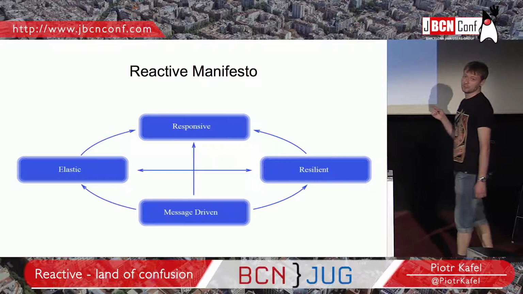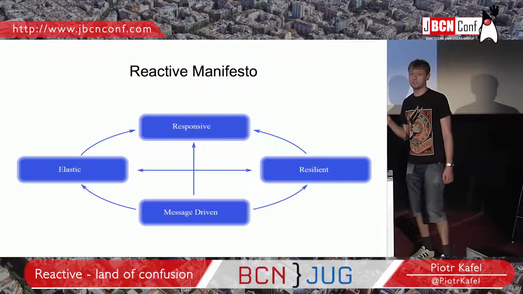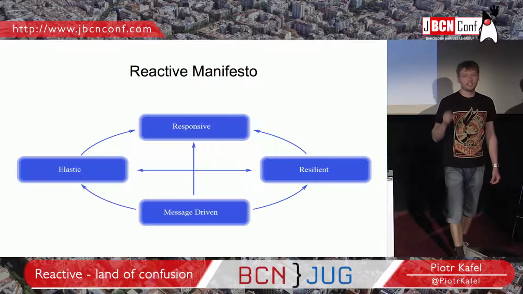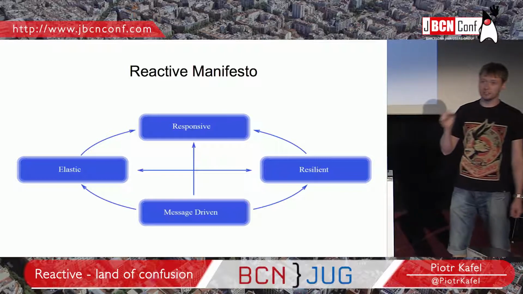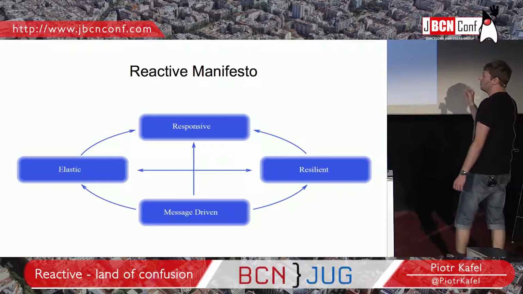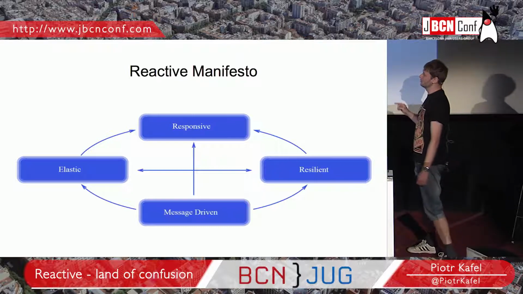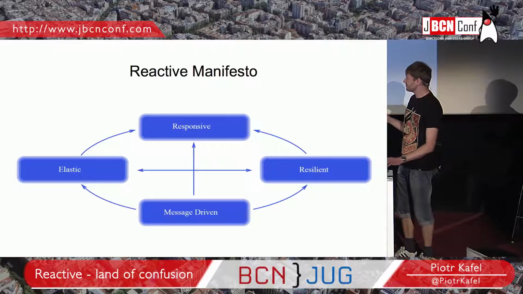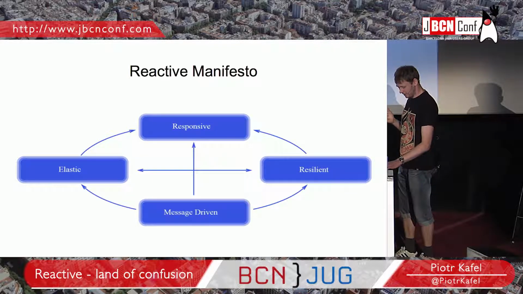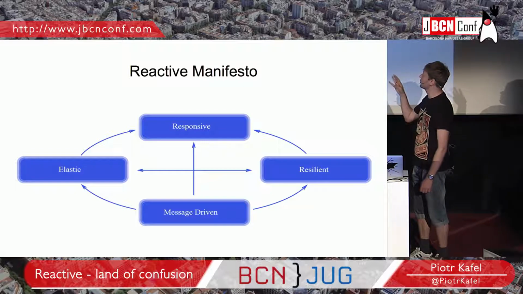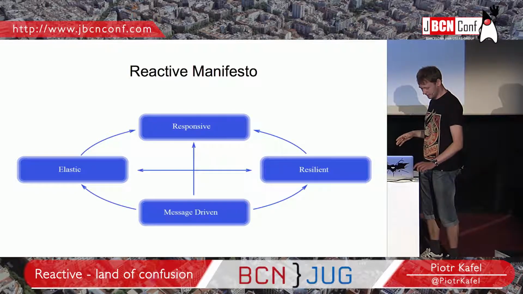You need to be elastic, which means you need to be responsive under load, whether it's a small load or a big load. And at the very bottom, you have message-driven. Message-driven is kind of an enabler for all the three properties that we have there.